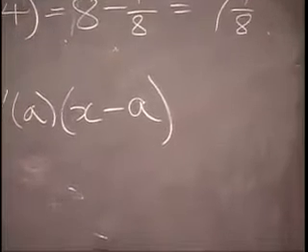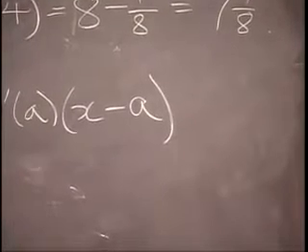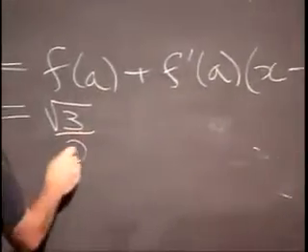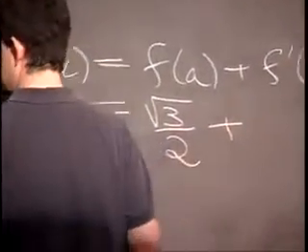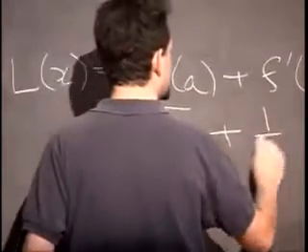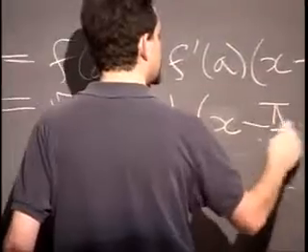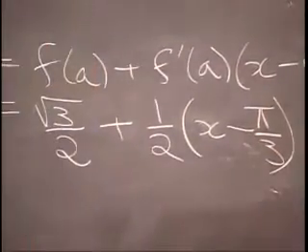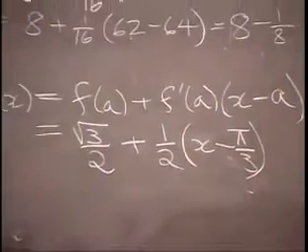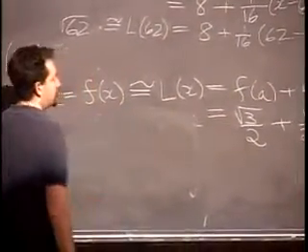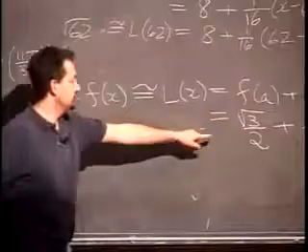So in this case, f of a is sine of pi over 3, so it's root 3 over 2, plus the derivative 1/2 times x minus a. And sine x is approximately equal to that.